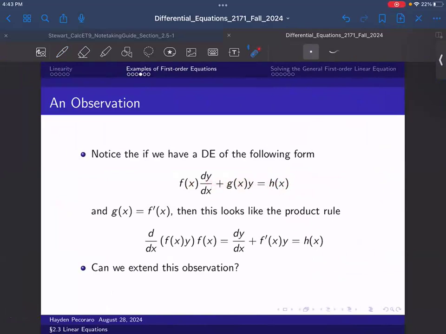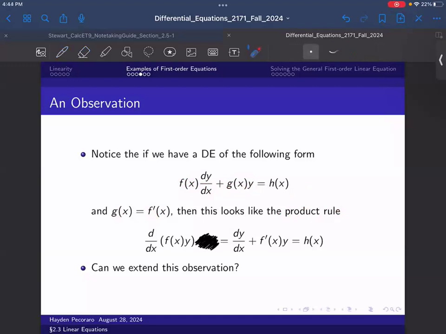All right, so here's our observation. If I write a first order linear equation like this, and then I notice, well, g of x, if that was the derivative of this thing, this would look like the product rule.